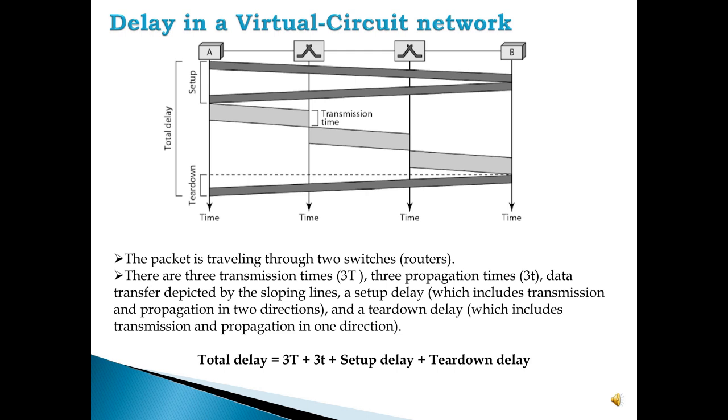So here we can see the calculation. Total delay is equal to 3 transmission time plus 3 propagation time plus setup delay plus tear down delay. The same you can find in the architecture.